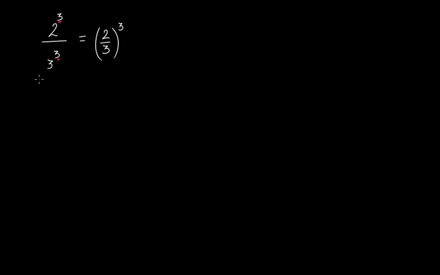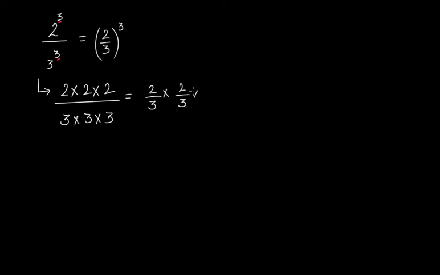If you want to see the proof, then let's do this. This is 2 to the third power, so this is 2 times 2 times 2, and this is 3 to the third power, that is 3 times 3 times 3. This can be written as 2 divided by 3, 2 divided by 3 and 2 divided by 3, right?